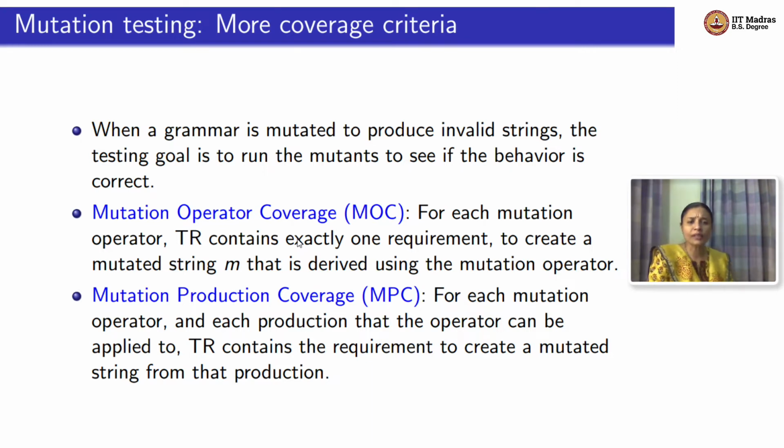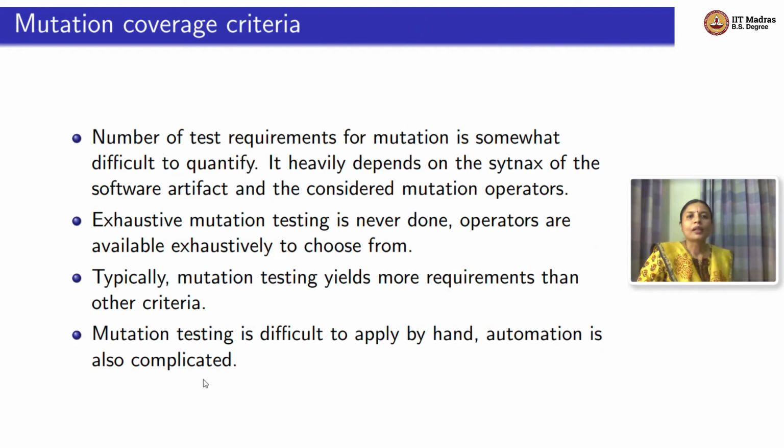Mutation production coverage is: for each mutation operator, the resulting production rule is covered. Both these are useful theoretically, but you apply mutation only for a select set of statements in the program, typically wherever you suspect there to be an error.